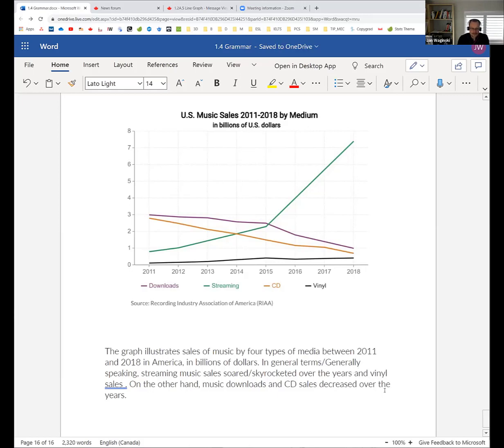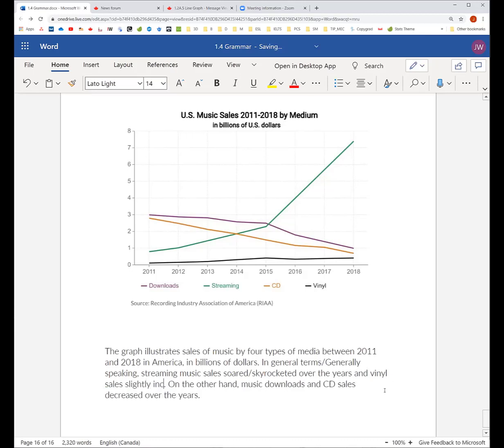And vinyl sales slowly increased over the years. Let's not say slightly, let's say slowly.